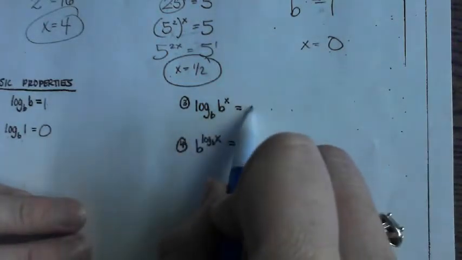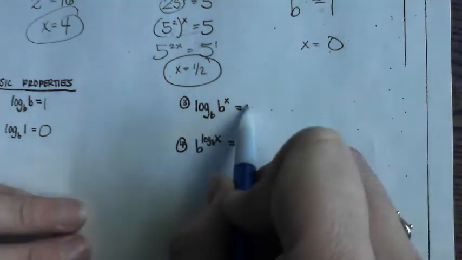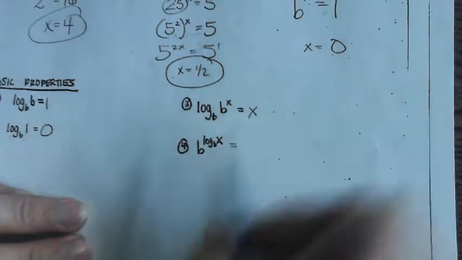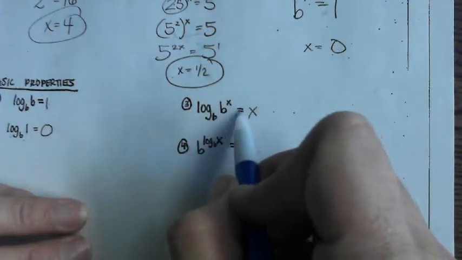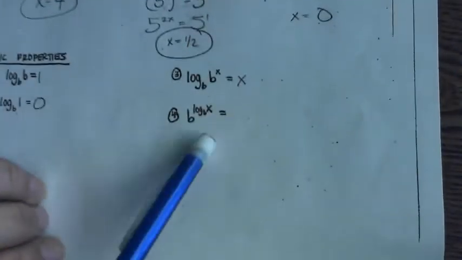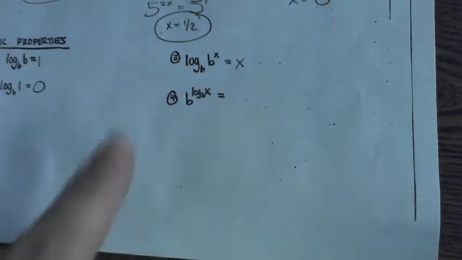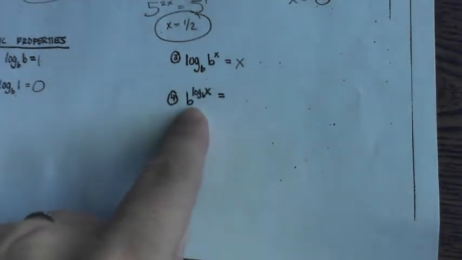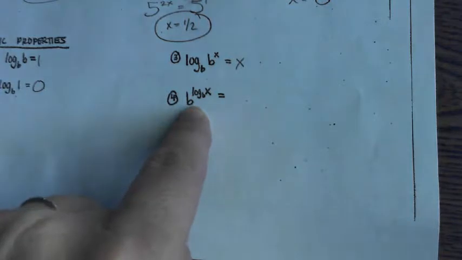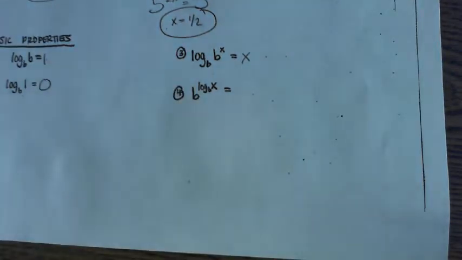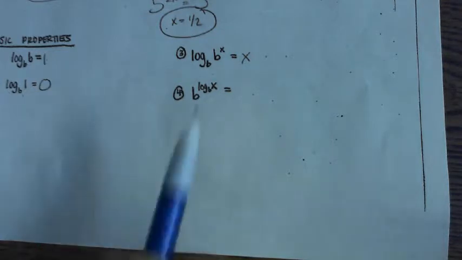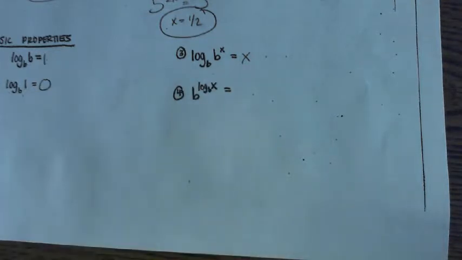B to what power will equal b to the x? X, right? B to the x equals b to the x. This one's trickier because this is technically in exponential form. Maybe you know what the answer is already. What would you say, Connor? B to the log base b of x.